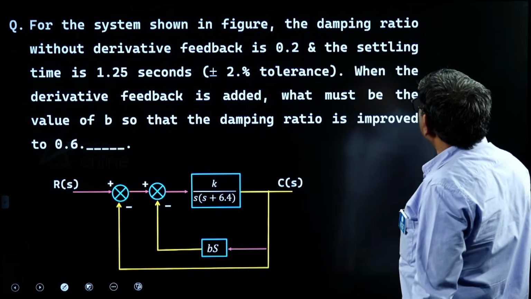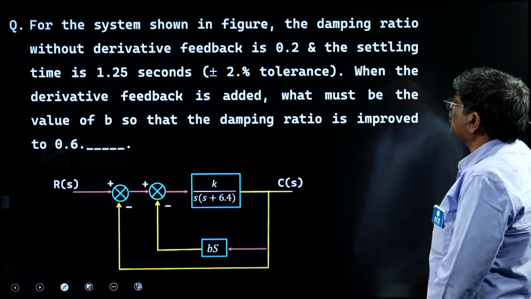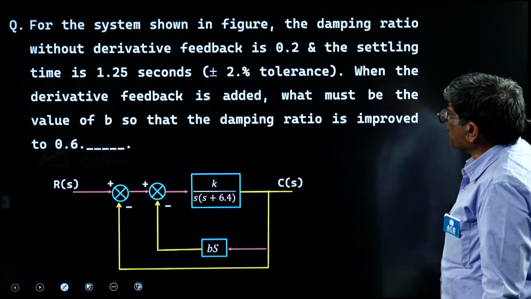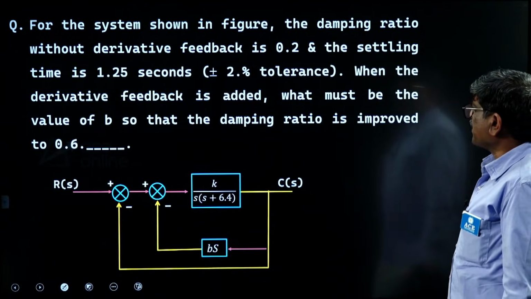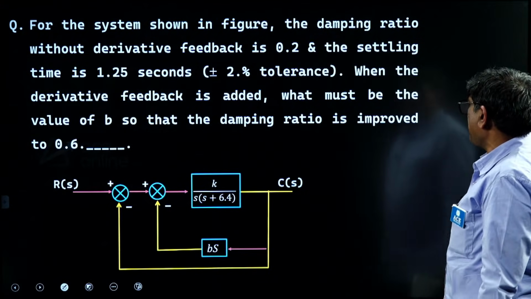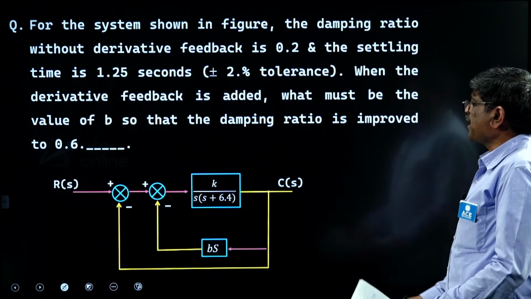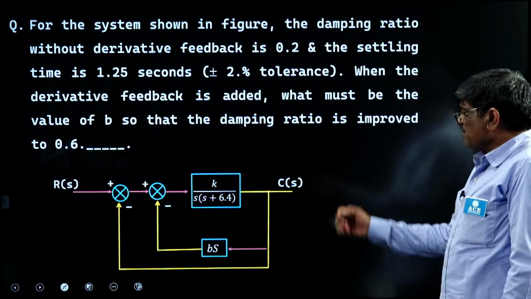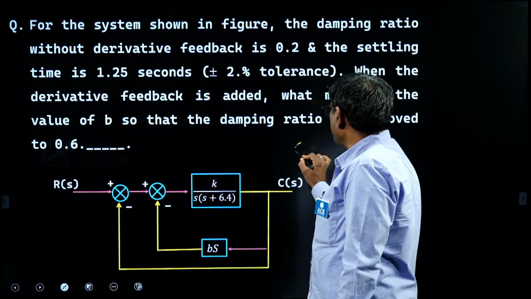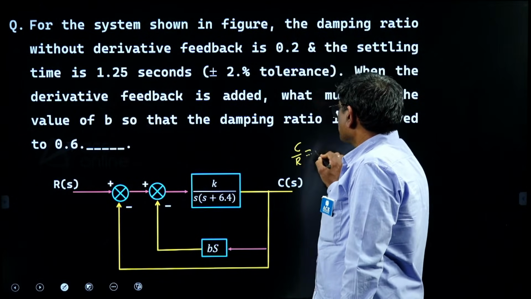For the system shown in the figure, the damping ratio without derivative feedback is 0.2 and settling time 1.25 seconds. When the derivative feedback is added, what must be the value of B so that the damping ratio improves to 0.6? First, without derivative feedback, write the C by R. So what I will get?